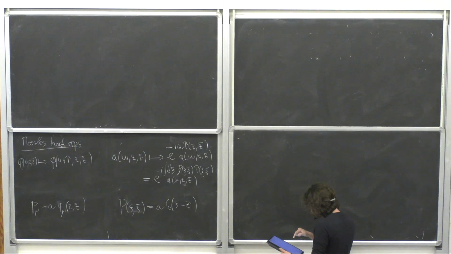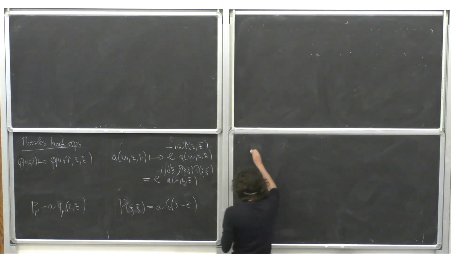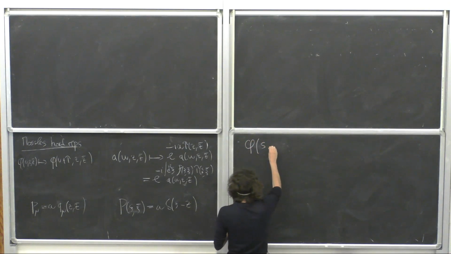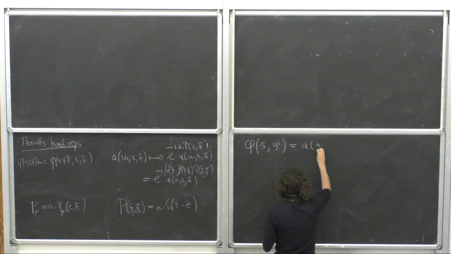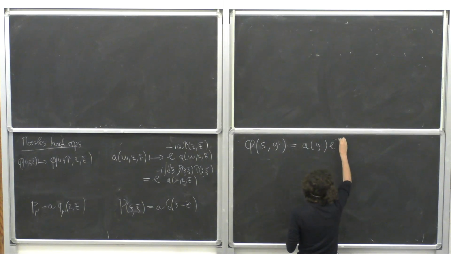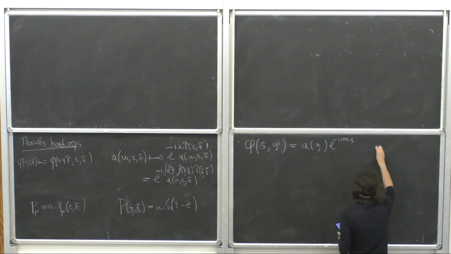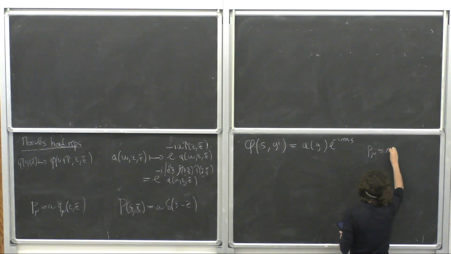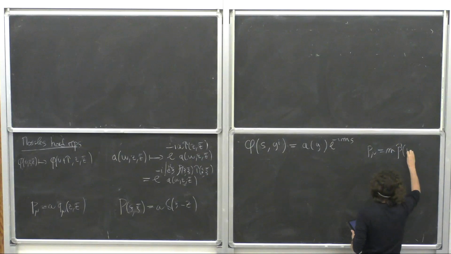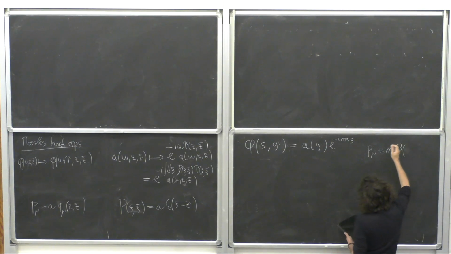So the Carrollian field for the massive case is this simple A of y, of exponential minus i m s, where we have to remember that P, the massive momenta, is m times this P tilde of y.